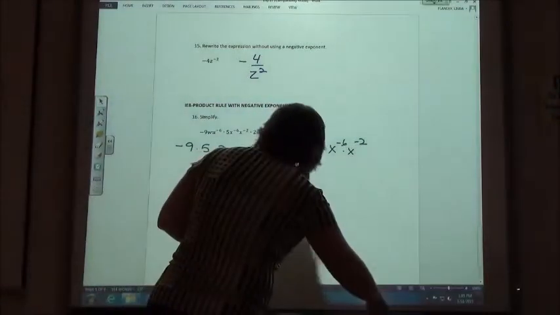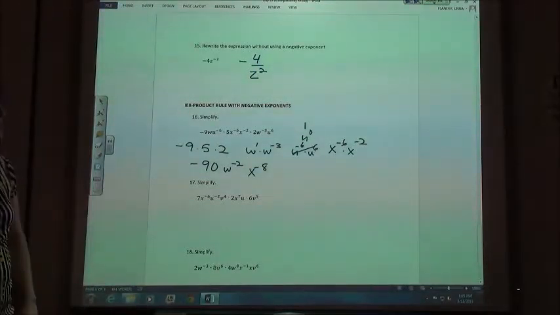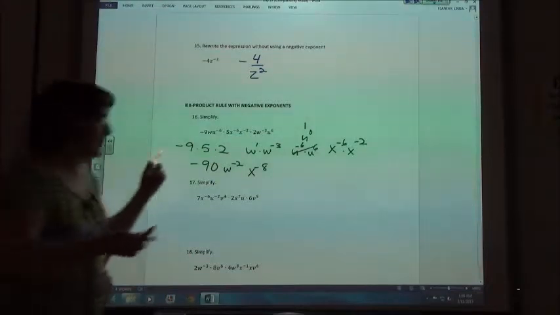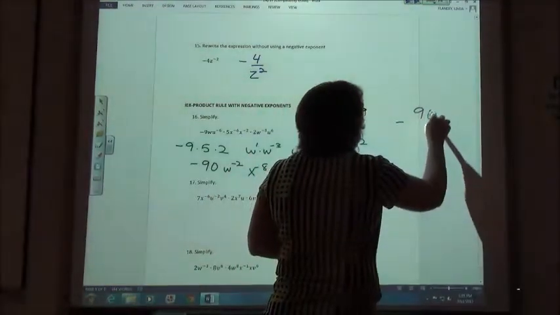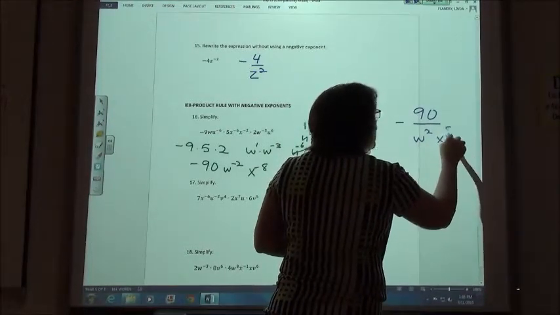So I've got everything combined, but now I want to simplify it without using that negative exponent. So how would I want to rewrite my answer so that I don't have those two negative exponents? Thinking about what we did up here. -90 over? -90 over w to the 2nd and x to the 8th.